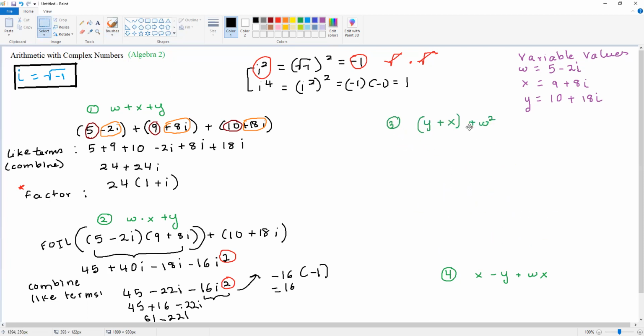That's y plus x in parentheses plus w squared. Okay. So again, what we're going to do is substitute all our values, right? So y plus x, that's equal to 10 plus 18i, okay, plus x, which is equal to 9 plus 8i, okay, and plus w squared, which is equal to 5 minus 2i squared.